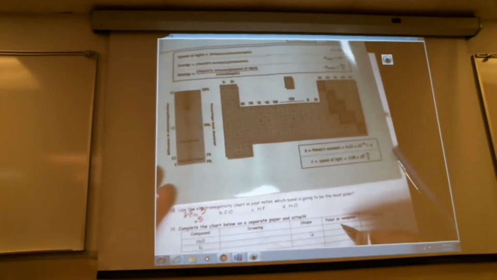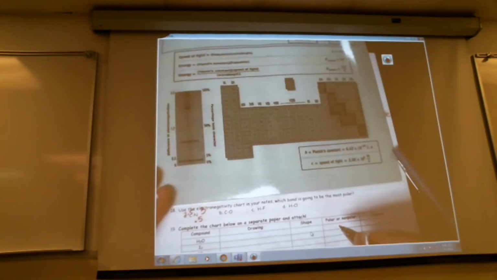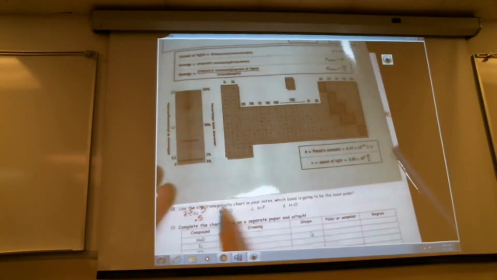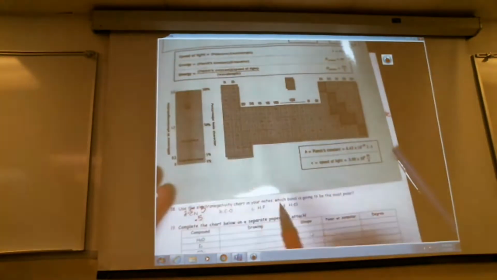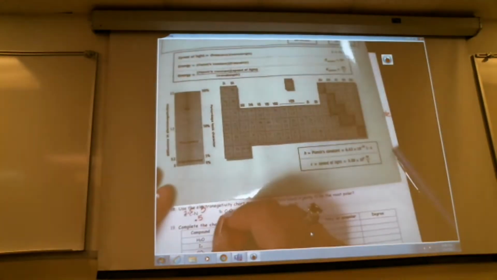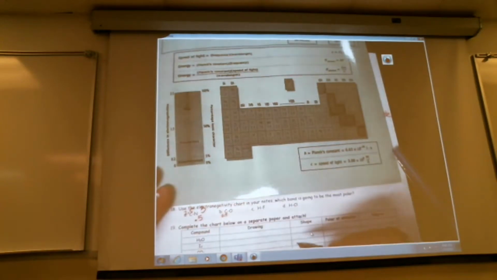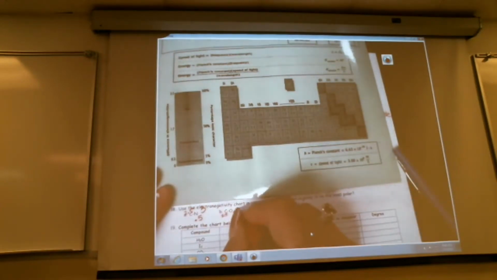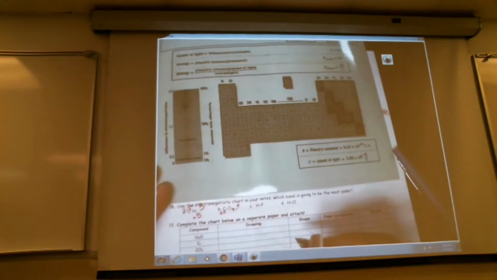Now the question here says, which bond is going to be the most polar? That means I'm going to have to come over here and do all of them first to find out which one is the most polar. C and O. C is 2.5, O is 3.5. Subtract and find the difference.